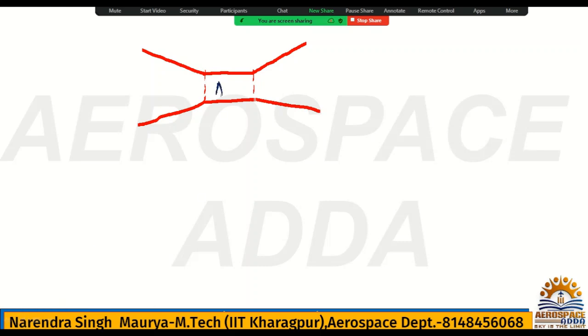I'm saying here the area is A1 and here the area is A2. At area A2, what is the Mach number? It is M2.